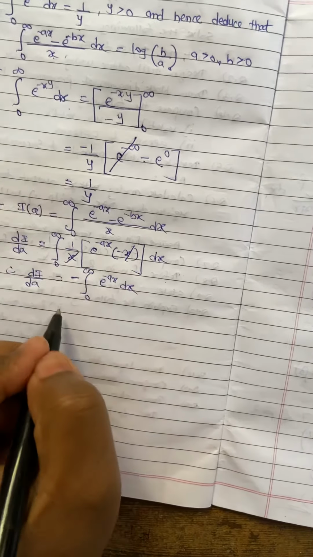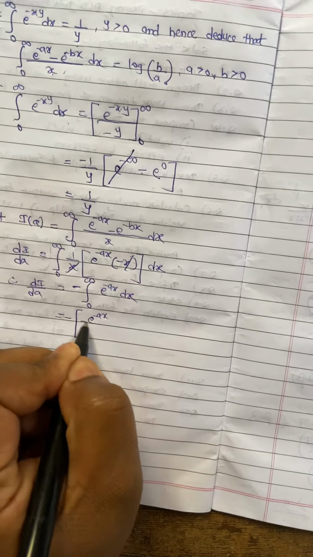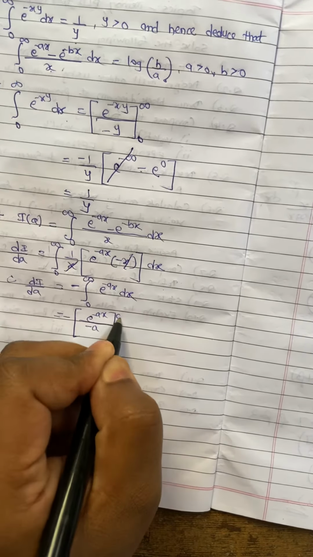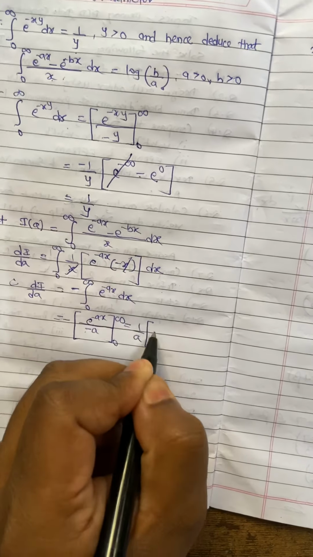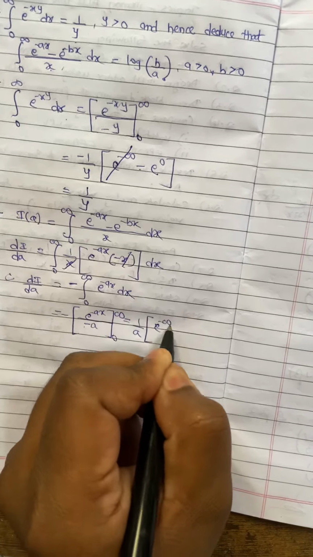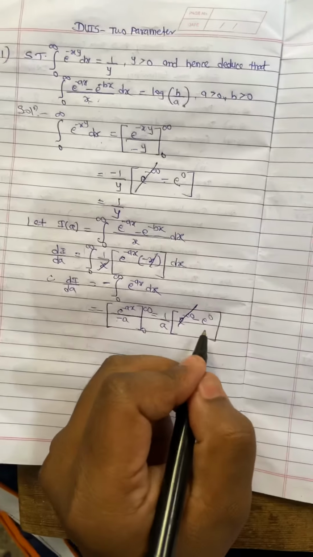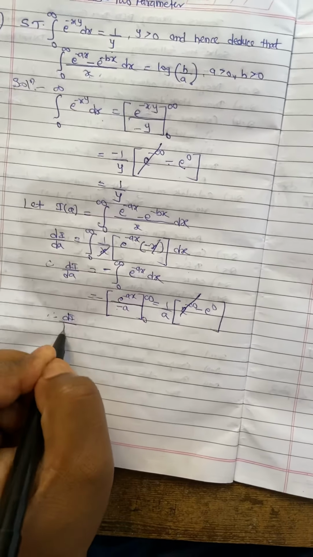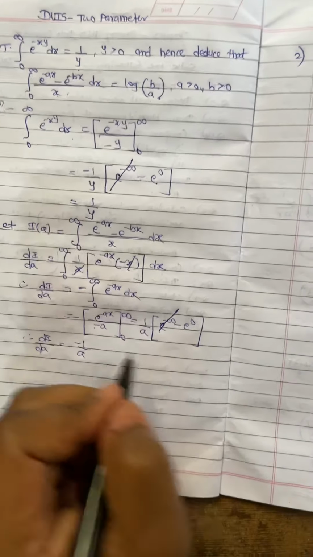Now perform integration, so minus e raised to minus ax upon coefficient of x is minus a, limits 0 to infinity, minus minus plus, 1 upon a take outside, upper limit e raised to minus infinity minus lower limit e raised to 0. This is cancelled, e raised to 0 is 1, so therefore dI by da is equal to minus 1 upon a, right?